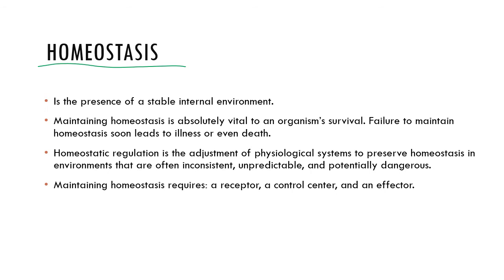So homeostatic regulation is the adjustment of physiological systems to preserve homeostasis in an environment that is often inconsistent, unpredictable, and potentially dangerous. And maintaining homeostasis requires three things. It requires a receptor, a control center, and an effector.